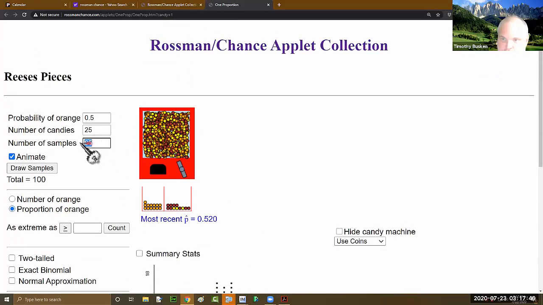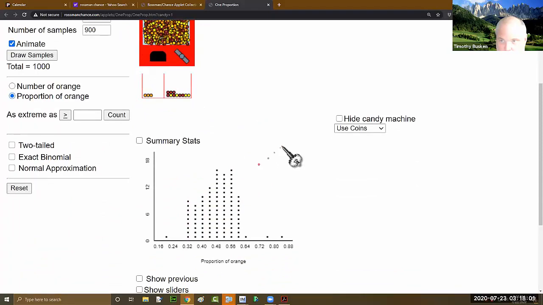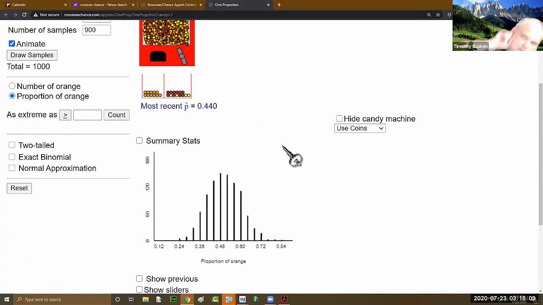Let's change this now to 900. Let's have it take 900 more samples and plot 900 more dots on the graph. Okay, so it doesn't look like much of a dot plot here, but that's because we have 1,000 dots on there.